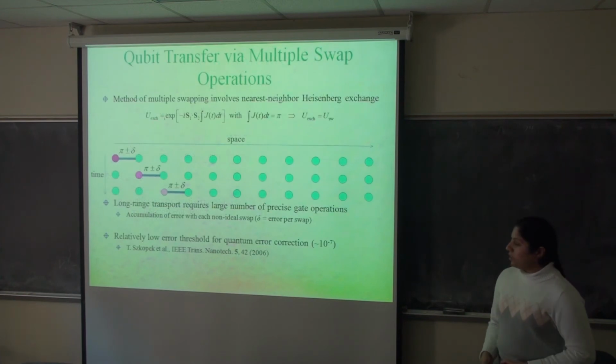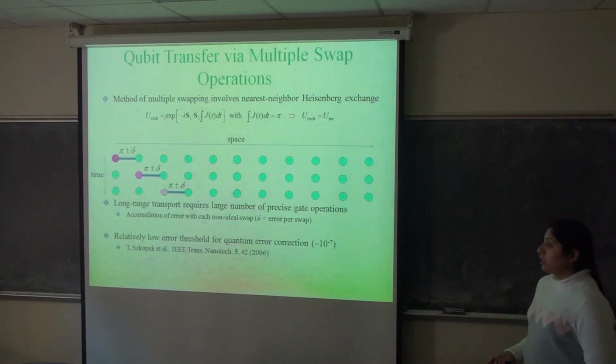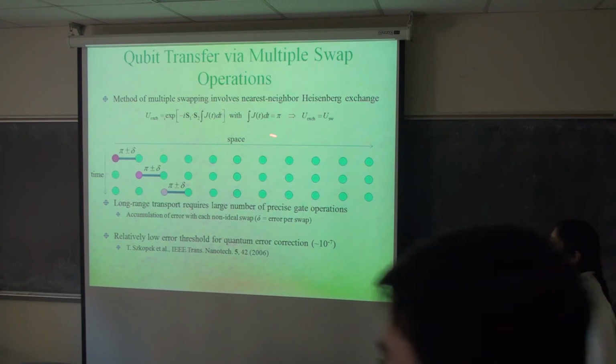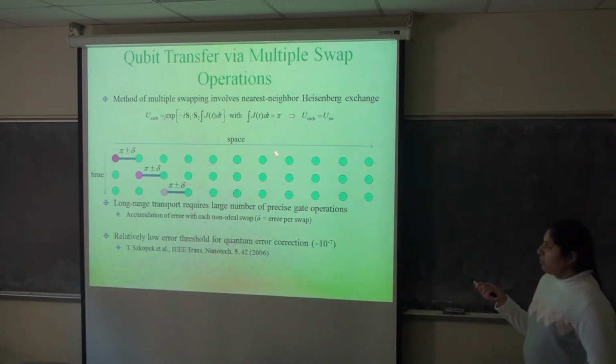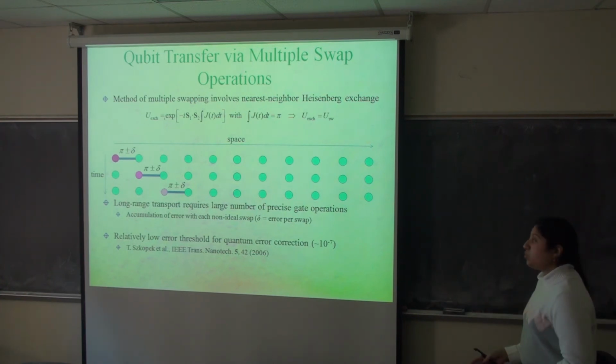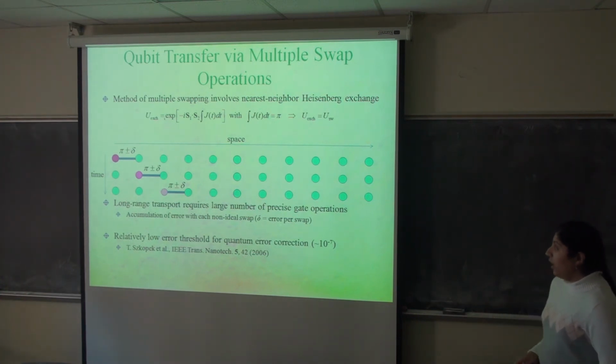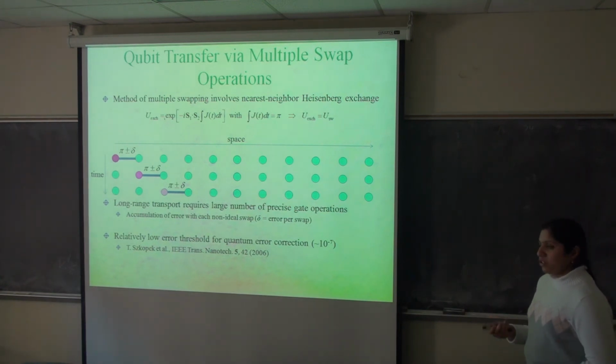So to see the problem with this multiple swap method, we can consider what happens during a non-ideal swap. So for 2 spins, the swap operation we know is generated by the Heisenberg exchange interaction when the time integral of the exchange is equal to pi. But suppose that we now have a small error, delta, in each swap, so that the state of the qubit is not completely swapped to the next site in the chain. Then as we keep repeating this non-ideal swap operation, we gradually lose the quantum information.